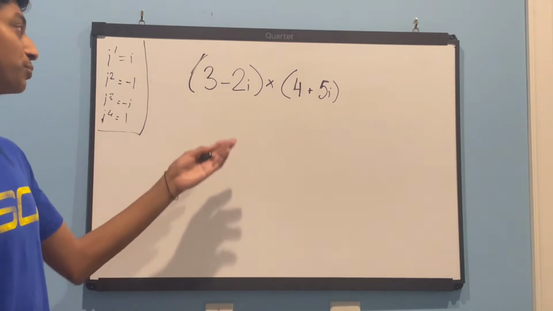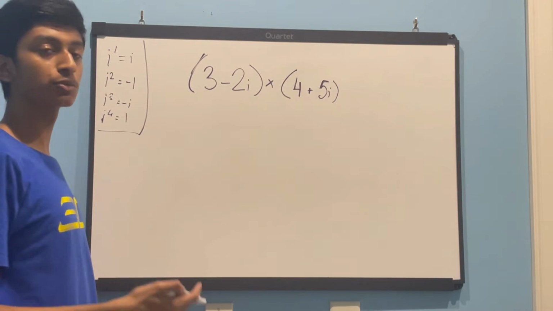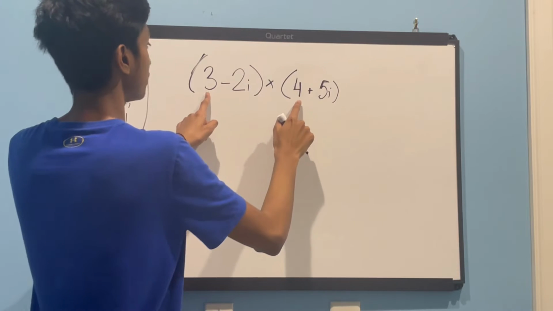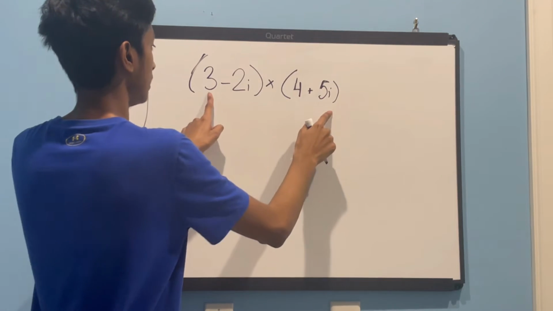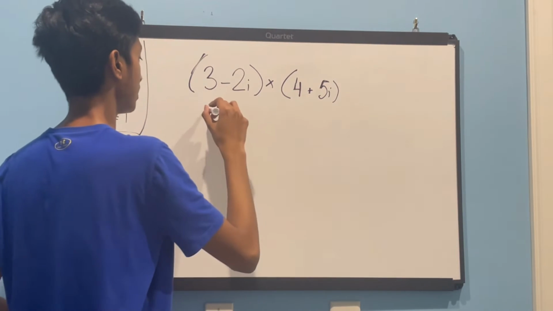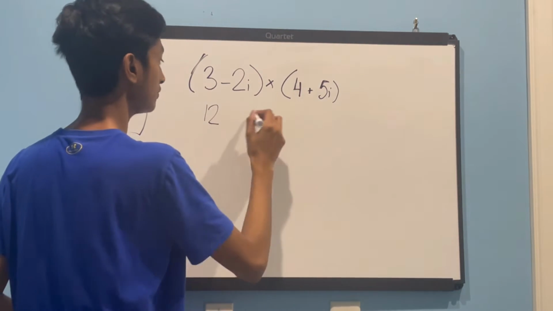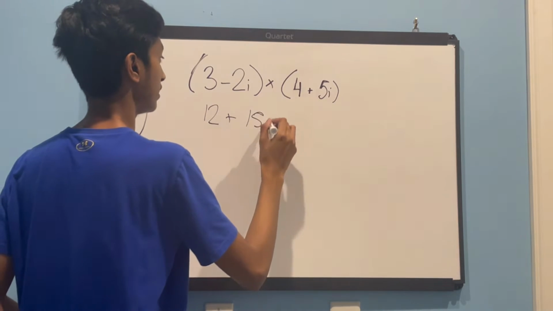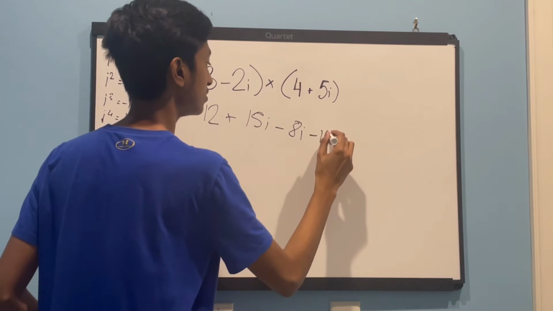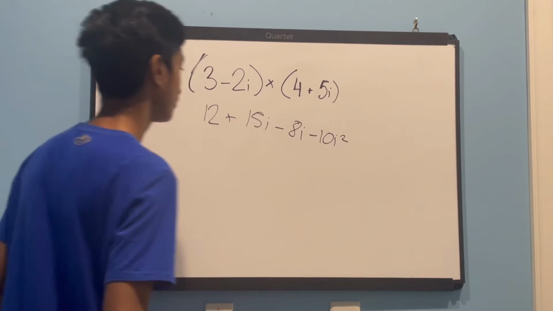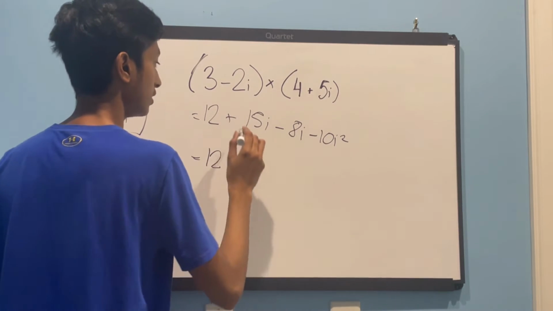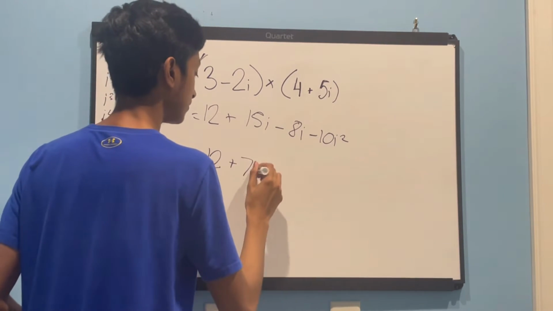Now I have a multiplication example. So make sure we're using FOIL: first, outer, inner, last. Basically, first we multiply these two, then outer, inner, and then the last, and then we add all of them up. So I'm going to do 3 times 4, that'd be 12, plus 15i minus 8i, and then minus 10i squared. So now I'm going to bring this all down. 12 plus 15i minus 8i, that's 7i.